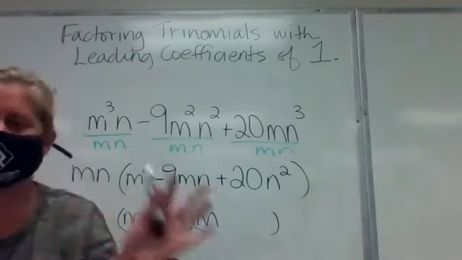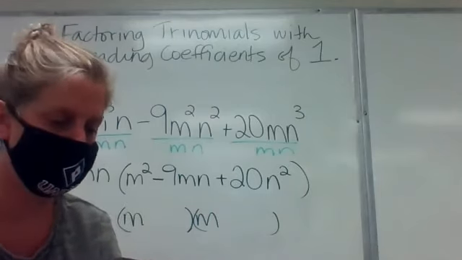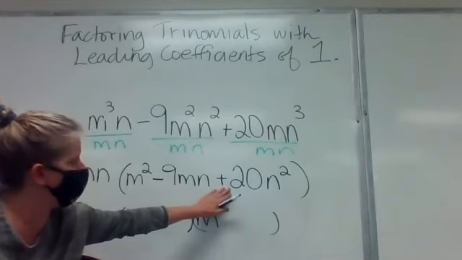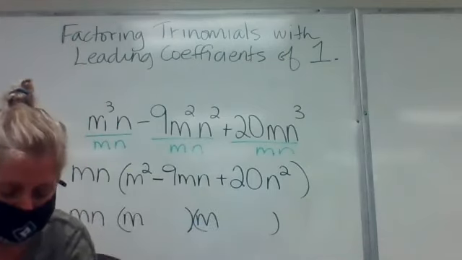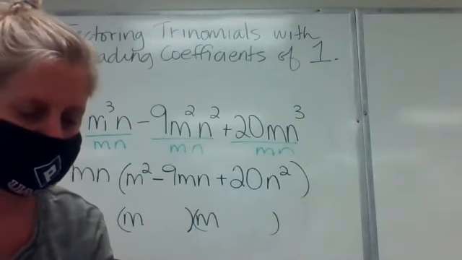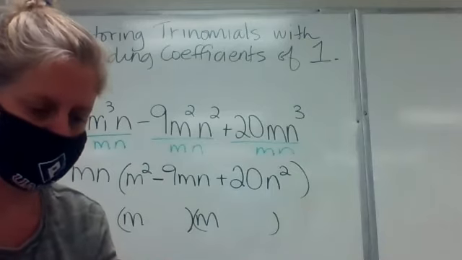Again, when I see positives and negatives all over the place, if you don't trust yourself, go to your y equals. Who goes in y equals? This number right here, which is positive 20. So I'm putting in 20 divided by x, and then 20 divided by x plus x.